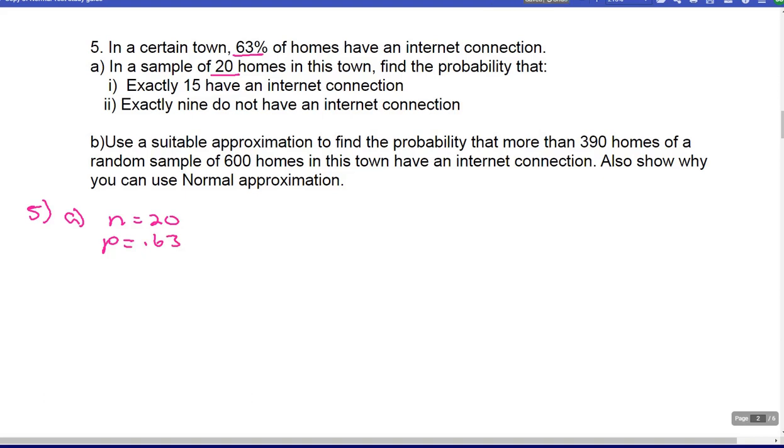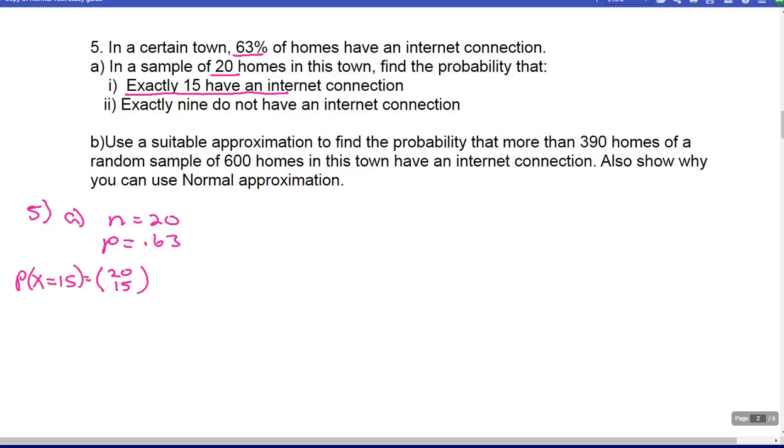Now, how do I find the probability that exactly 15 have the internet connection? Is it the formula with the parentheses? Yep. So you would do 20 choose 15, because I'm trying to find the probability that X is equal to 15.